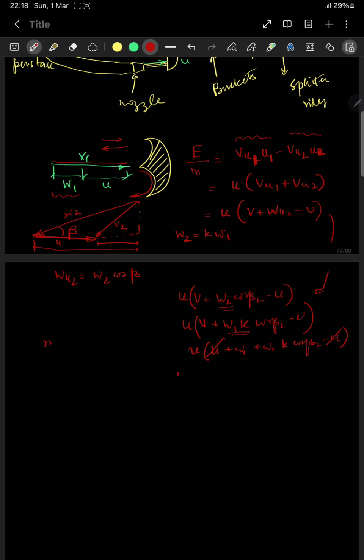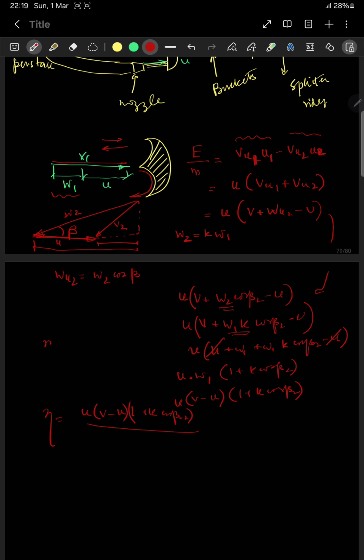Then this cancels out, so u into w1 into 1 plus K cos beta2. W1 can again be written as v minus u into 1 plus K cos beta2, right? Now this efficiency is u into v minus u into 1 plus K cos beta2, divided by the energy.